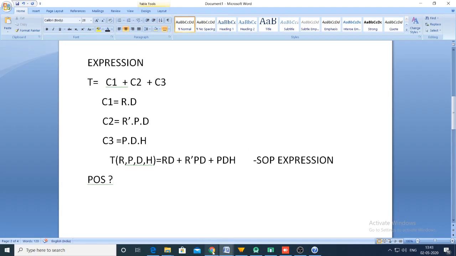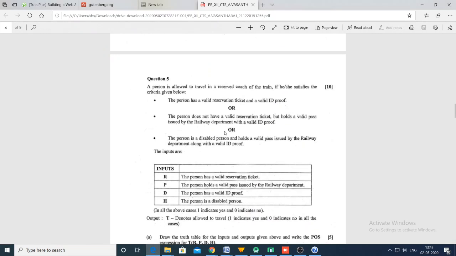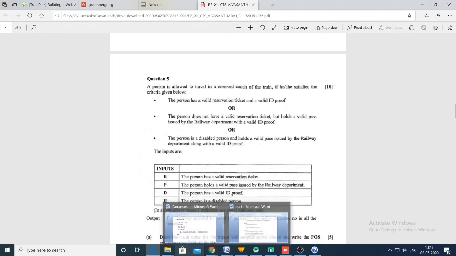Then we looked into each and every condition, found the number of input variables involved, and based on those input variables we formed a condition. So this is how we derive a logical expression from a logical problem.